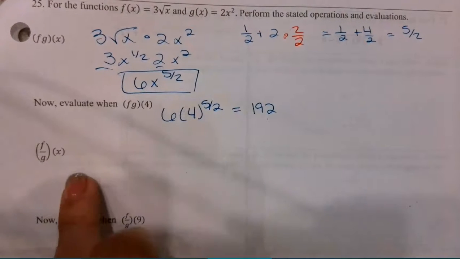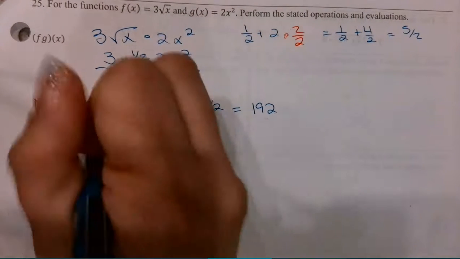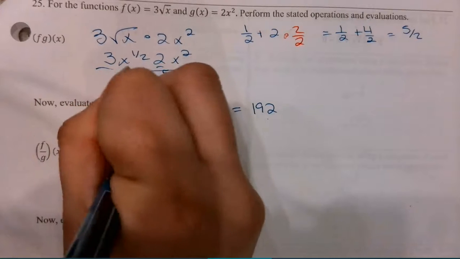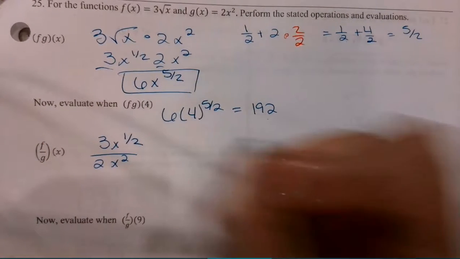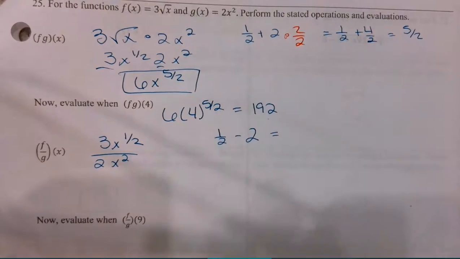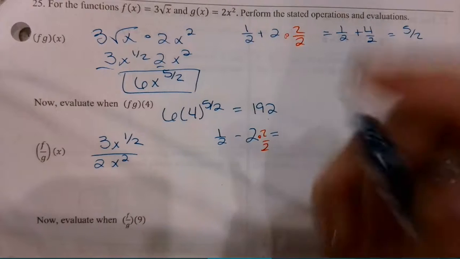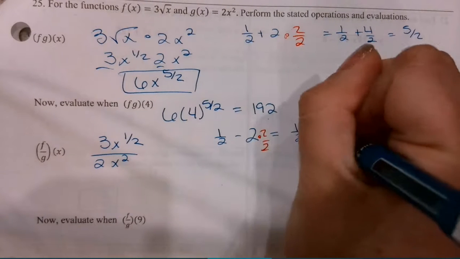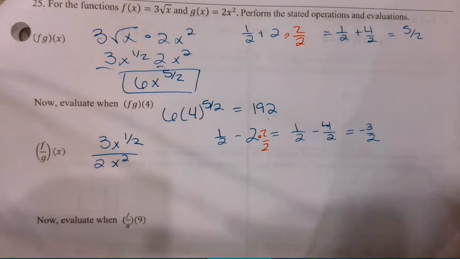Okay, I'm going to divide them, but instead of writing 3 square root of x, I'm going to use the 3x to the 1/2. And I have over 2x squared. This one I want to subtract my exponent, so I have 1/2 minus 2. So I want to multiply the 2 by 2 over 2 again. This time I have 1/2 minus 4/2, which gives me negative 3/2.